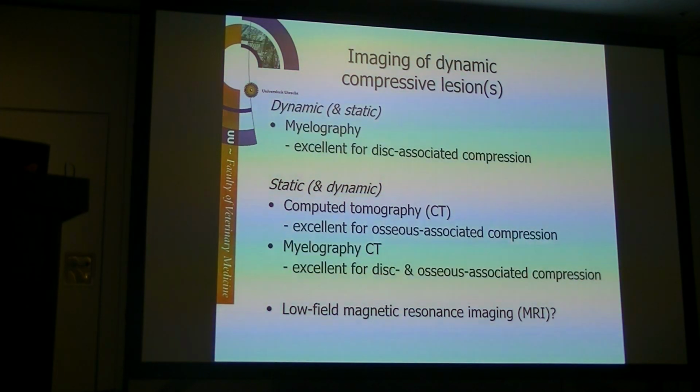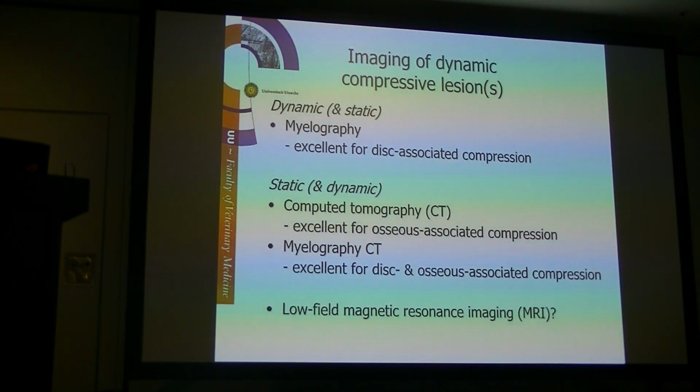Then later, when CT scanners and MRI scanners became available, these were the preferred techniques because they give a lot more information on bone, on disc, on ligaments, on the spinal cord. But the disadvantage of these techniques is that it's far more difficult to introduce the dynamics with these studies. It can be done, but it takes more time for the study.